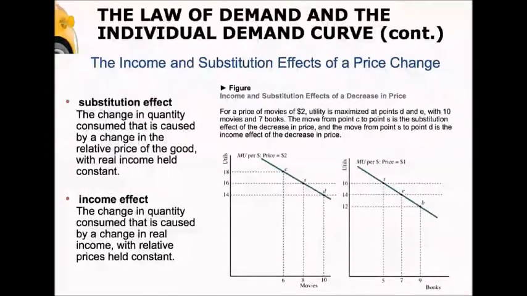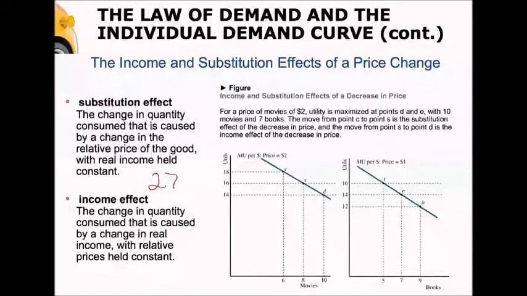Remember, our budget was originally $27. And when our budget was $27, we could afford to buy 6 movies and 9 books. Well, our movies got cheaper by $1 each. So now our $27 is going to go farther. That's the income effect. Let's get rid of the income effect in this thought experiment.